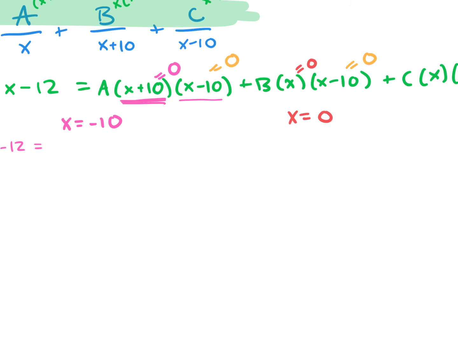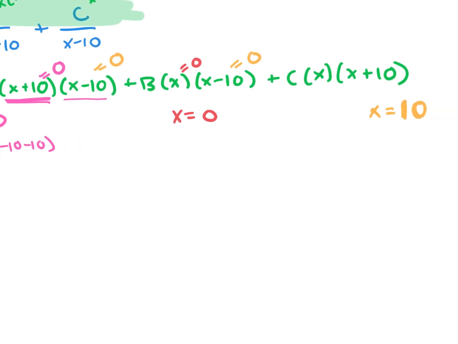Next, I can plug in negative 10 into the x's in the b part. So I have negative 10 times negative 10 minus 10 times b. What happens when I plug in negative 10 into this x plus 10? It becomes 0, so c cancels out.